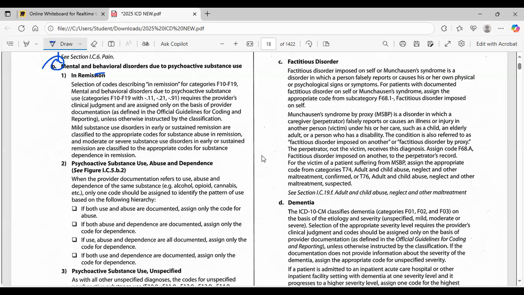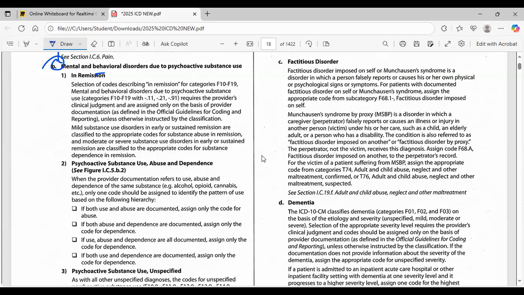We do have the code for psychoactive substance use in remission. We have to use a code for in remission only if the doctor mentioned that the patient's psychoactive substance use is currently in remission. In that case only we have to use the in remission code. If the doctor does not mention it as in remission, we should not code in remission.